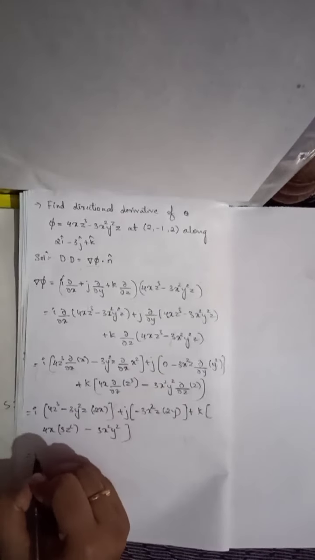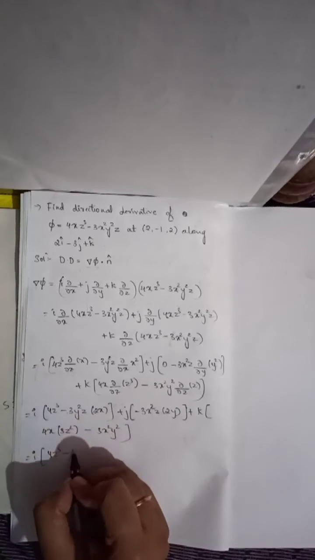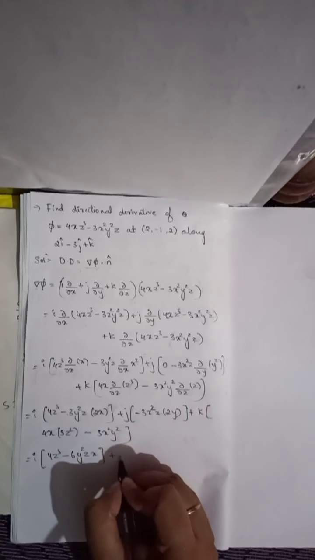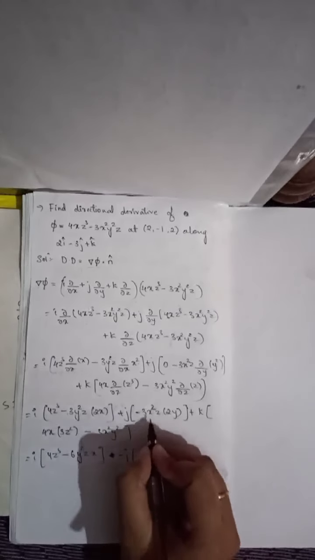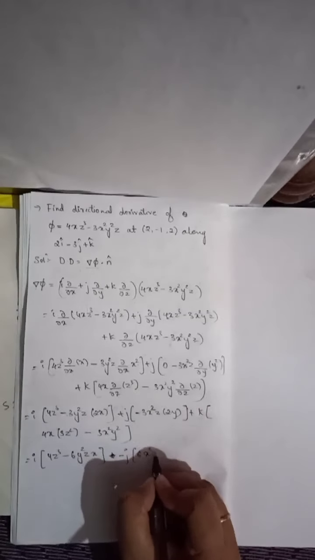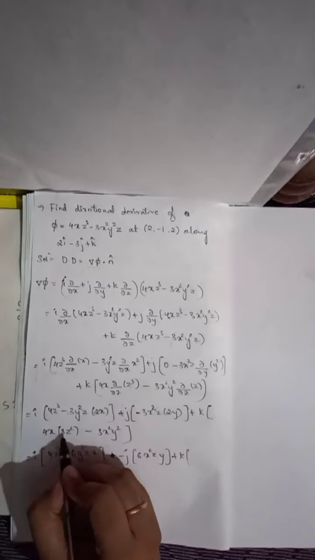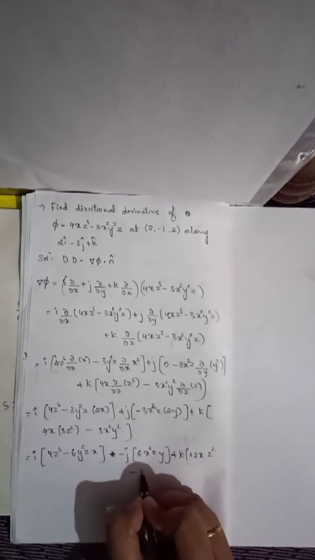So finally you get i into 4z cube minus 6xy square z, minus j into 6x square zy, plus k into 12xz square minus 3x square y square. This is nothing but your del phi.